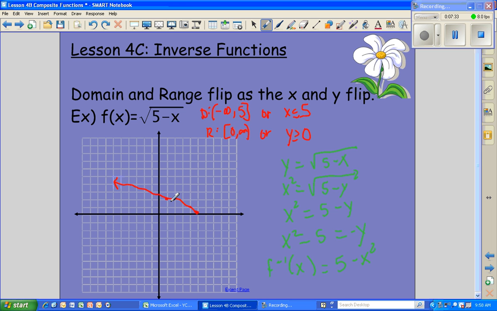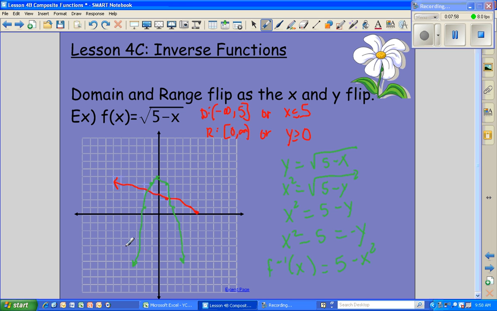All right, so if we look at that, and you put that in your calculator, what you would get is something that looks like, it's very hard to draw, a parabola.